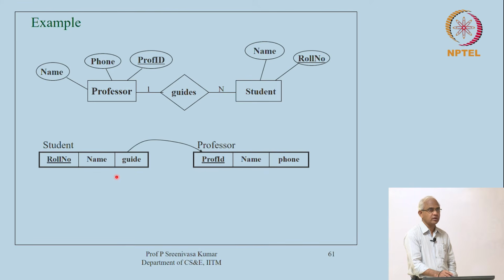Notice that we cannot do it the other way around here, because a professor guides many students, and if you augment the professor side table with a new attribute for the students guided, that will be multiple values, and you cannot put multiple values into a cell.